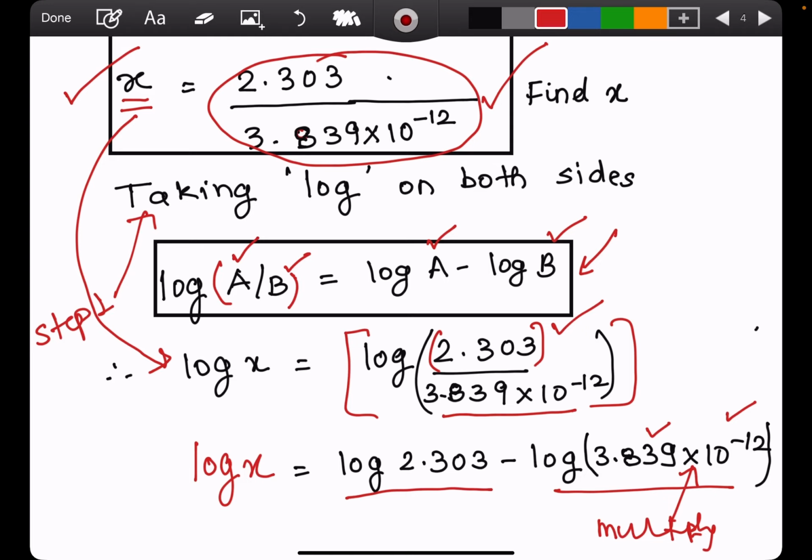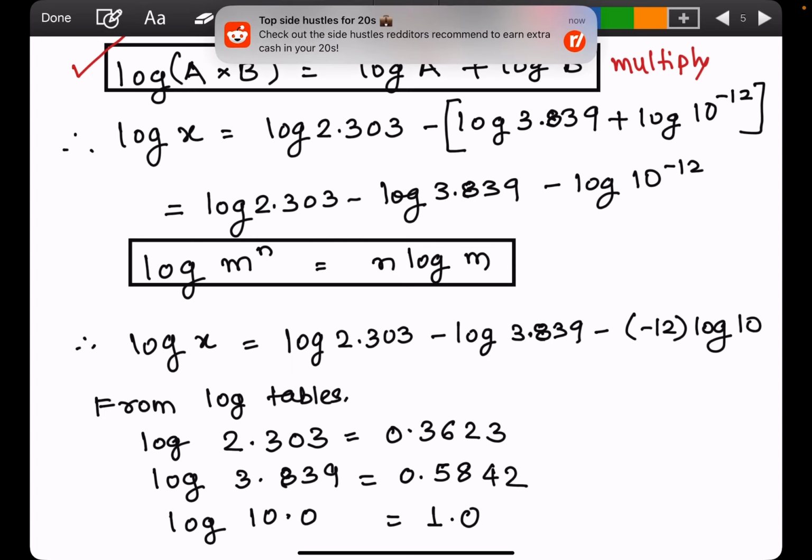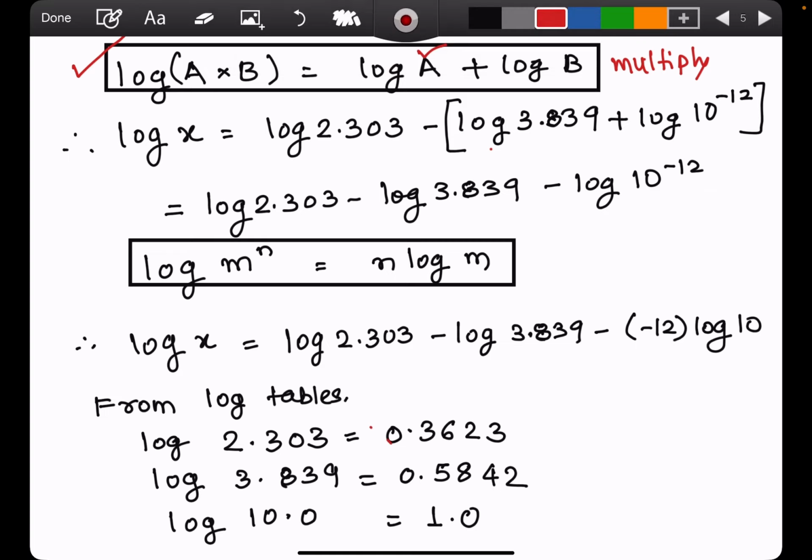Just as in case of division, you get log of a minus log of b, similarly when you multiply, then it is addition. So log of a times b is log of a plus log of b.